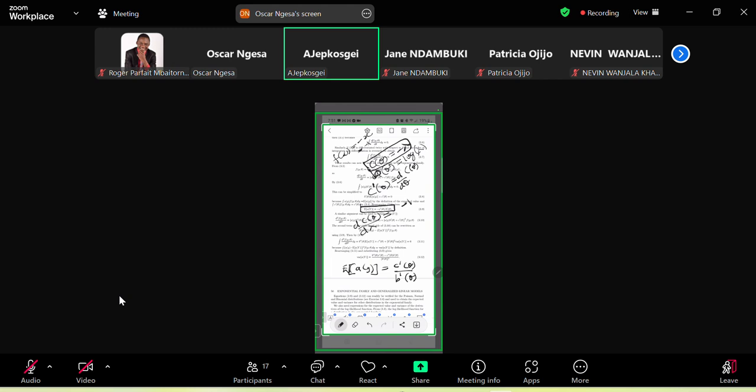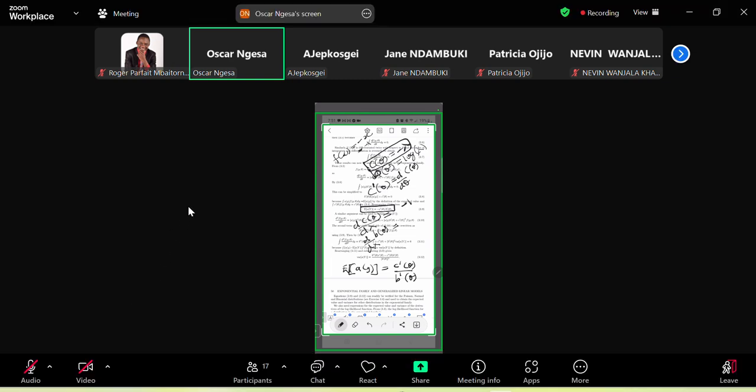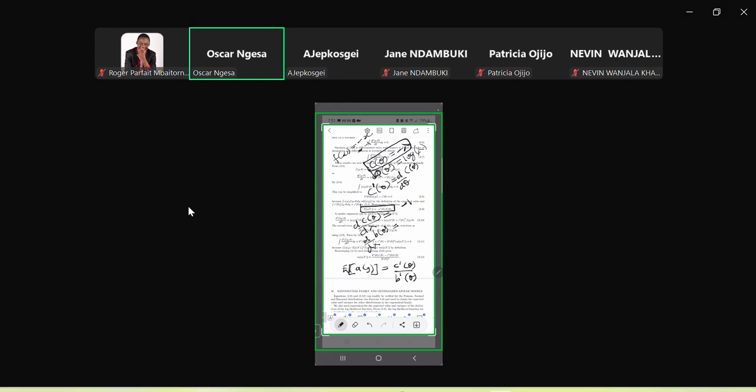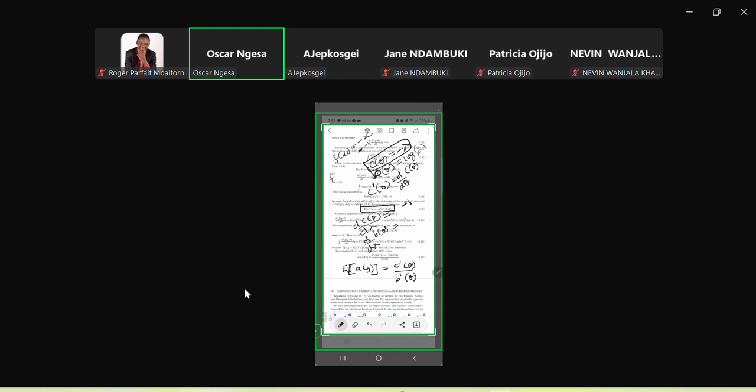Then B theta, d over d lambda of B theta. What do we get? Differentiate log lambda with respect to lambda. For example, if f of x is equal to log x, what is f prime of x?